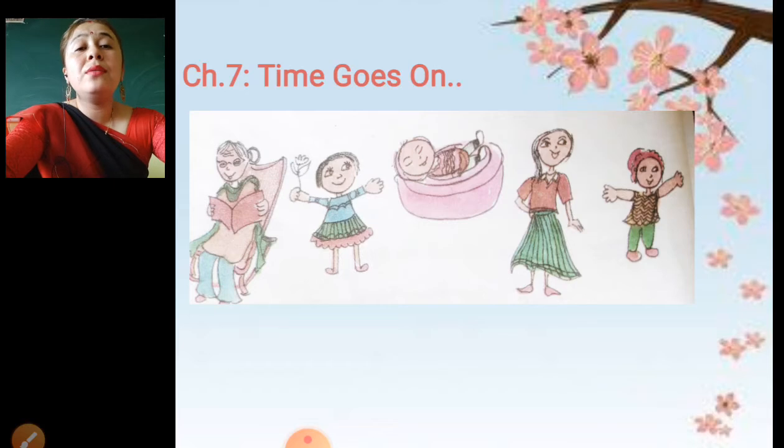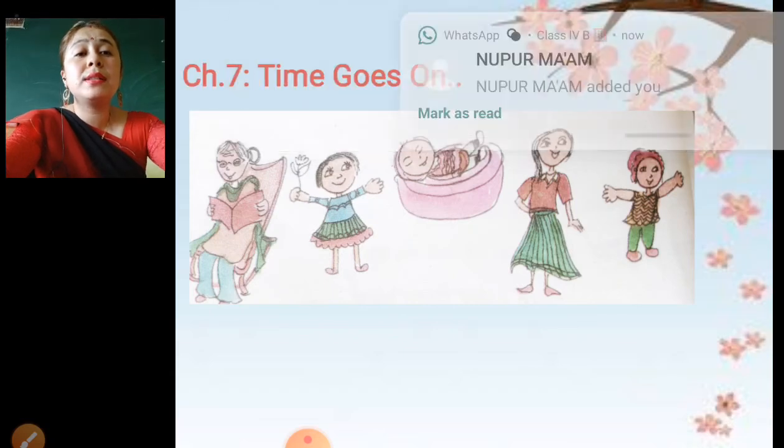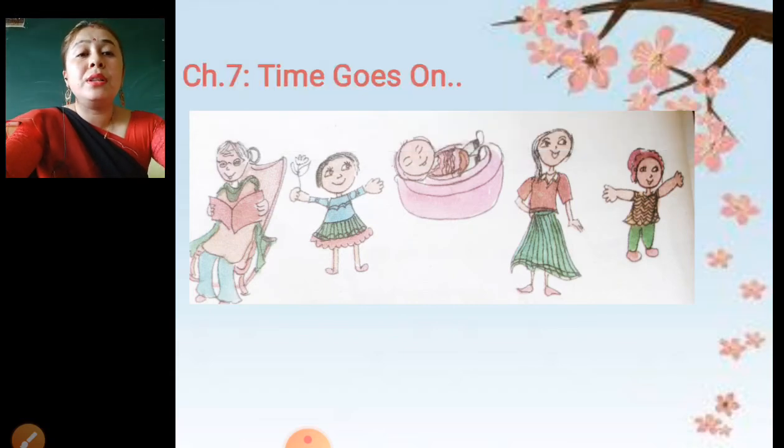So in this way we will see in chapter 7, Time Goes On. In this chapter we will learn about the different months and years and the differences in those months and years.